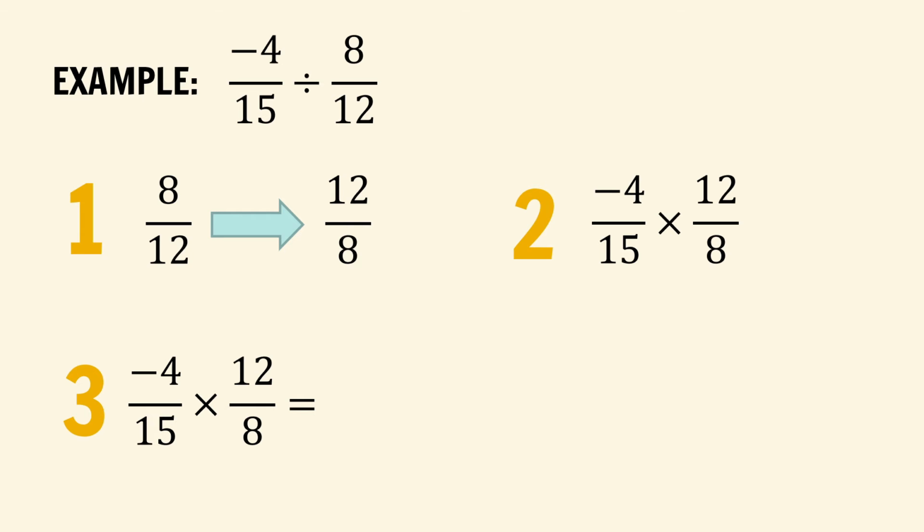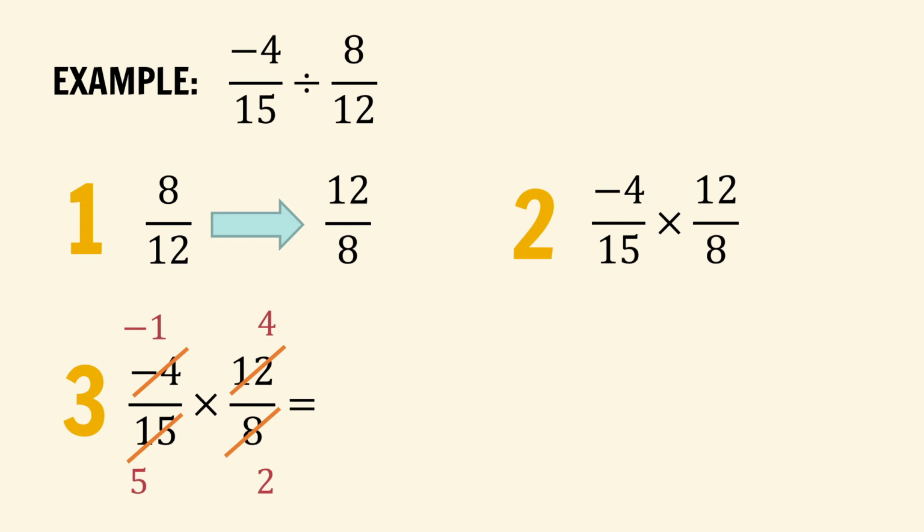So first, let's have 15 divided by 3, which is 5. 12 divided by 3 is 4. Negative 4 divided by 4 is negative 1. 8 divided by 4 is 2. So now we will proceed in multiplying numerators and the denominators.